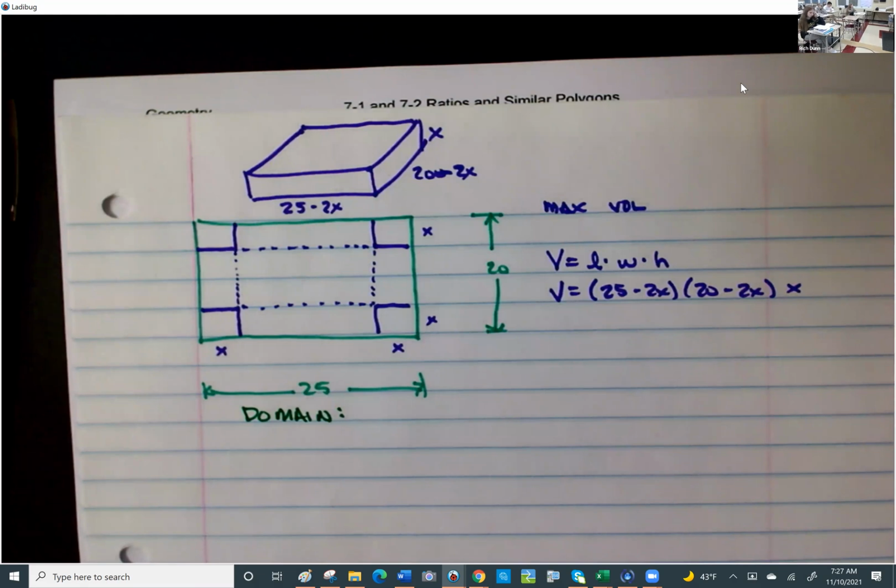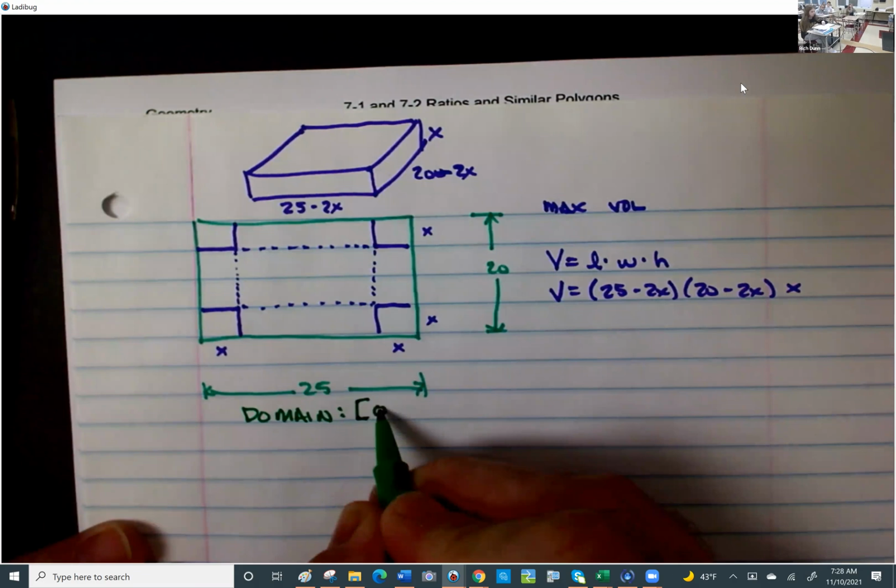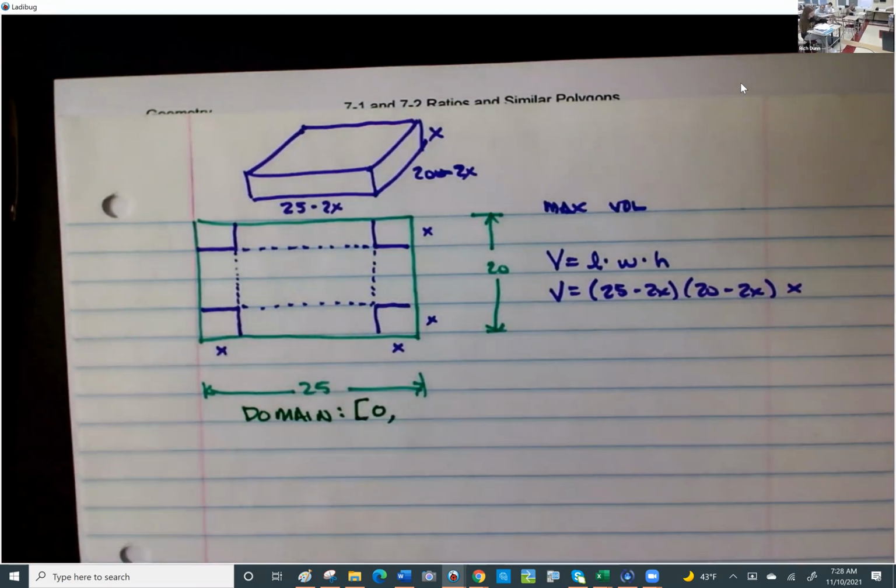No. So theoretically, can I have a volume of 0 if I wanted to? Yes. Pretty lame box, but I know X can't be negative. I could just have a flat little box there. So let's make that 0, because if I can close it, it saves me some trouble. It makes me know for sure I don't have to check for 2 or 3 different possibilities.